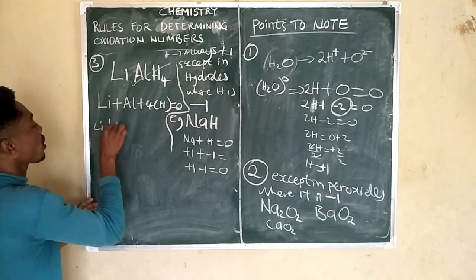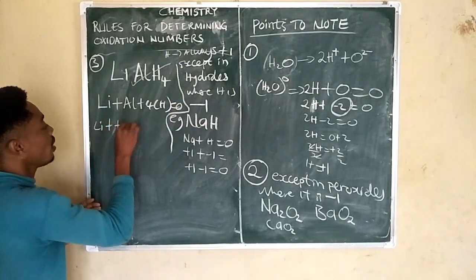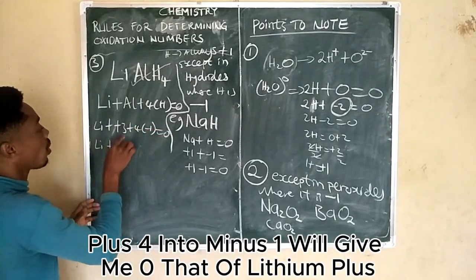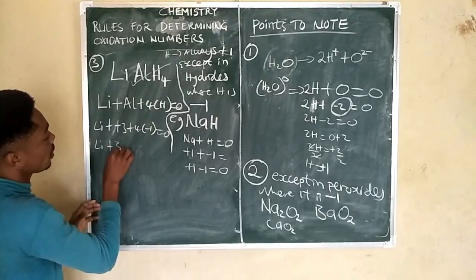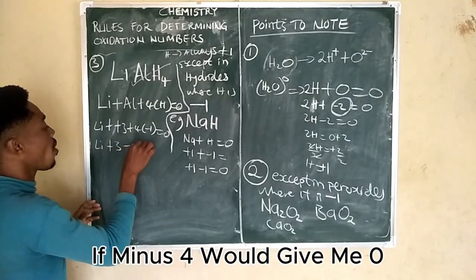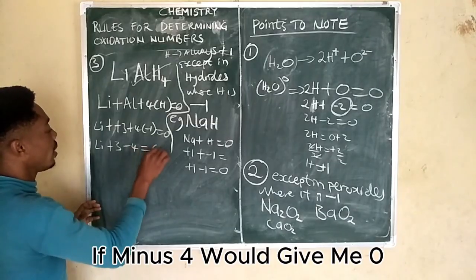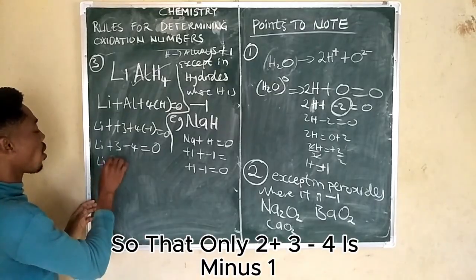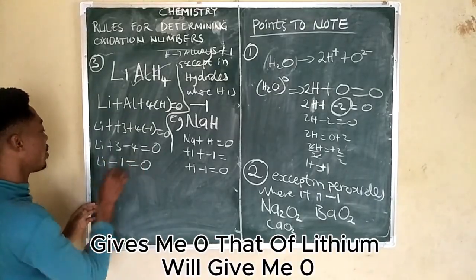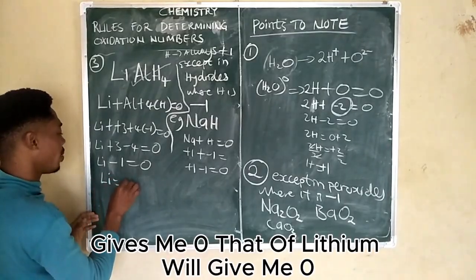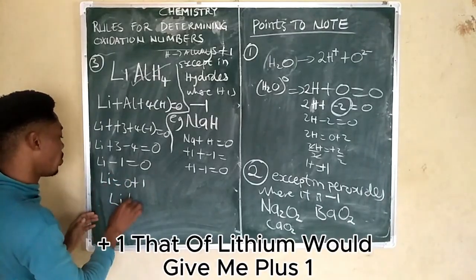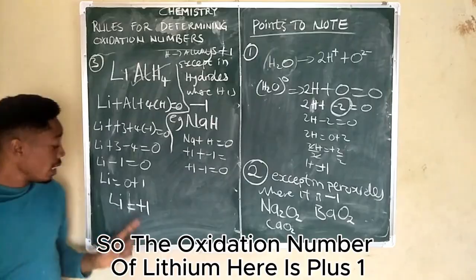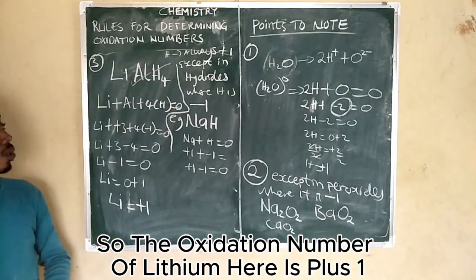So lithium plus 3 plus 4 into minus 1 gives me 0. Lithium plus 3 minus 4, which is minus 1, gives me 0. So that of lithium would give me plus 1.